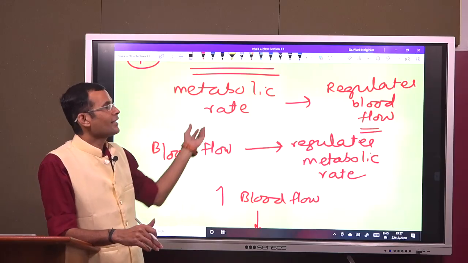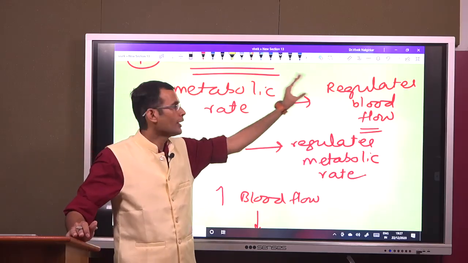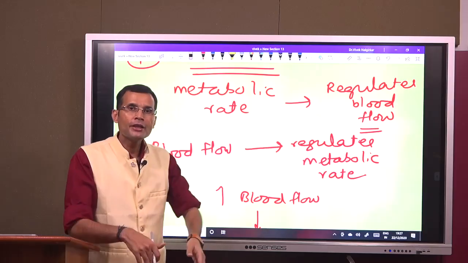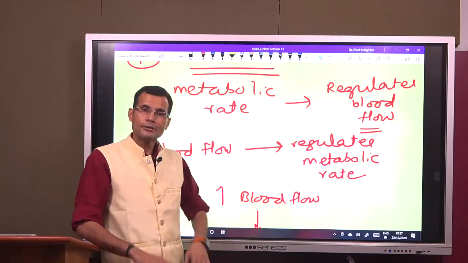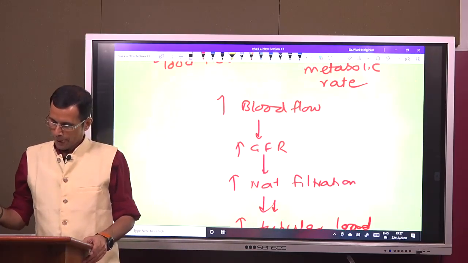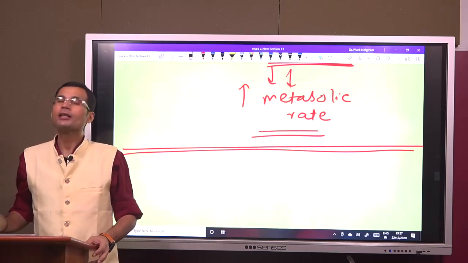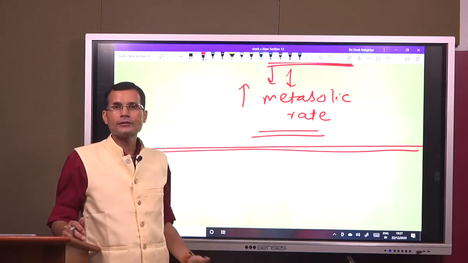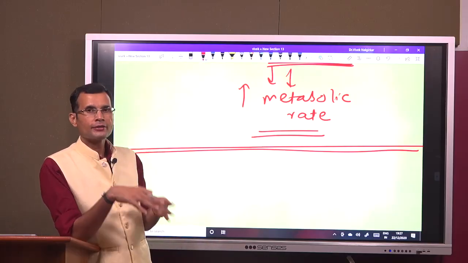Okay. Elsewhere it's the other way around. Metabolic rate of the organ regulates the blood flow to that organ. In the kidney, blood flow to the kidney regulates the metabolic rate in the kidney. Very exceptional. Right. So, these were the peculiarities of the renal circulation. That was the first section on the excretory system.